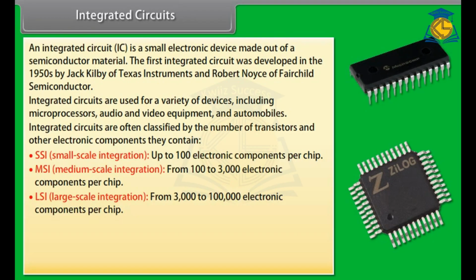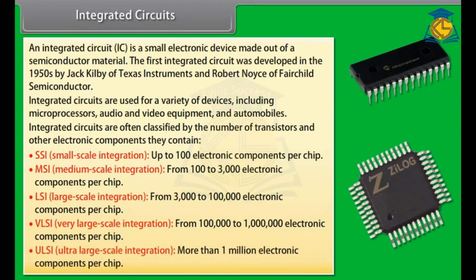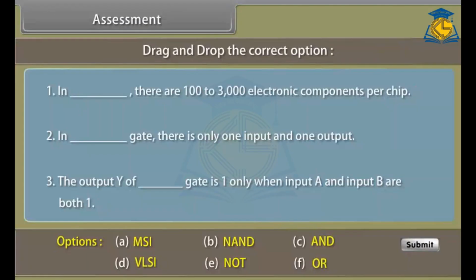Large-scale integration, from 3000 to 1 lakh electronic components per chip. VLSI. Very large-scale integration, from 1 lakh to 10 lakh electronic components per chip. ULSI. Ultra-large-scale integration, more than 1 million electronic components per chip.